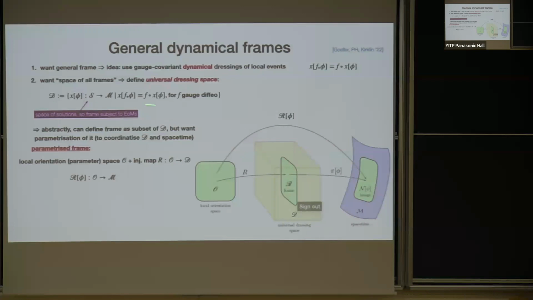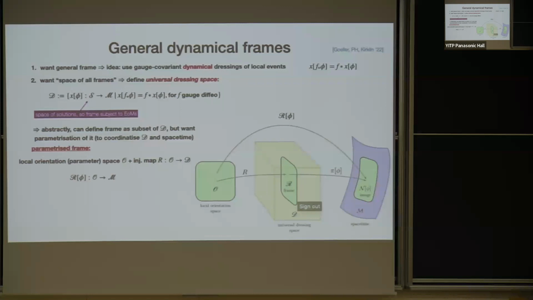It is, however, a bundle, and the bundle map, the projection, is given just by the dressing. So for any solution, points in the dressing space are associated with points in the bulk of space-time. But in order to have a coordinatization, really dynamical coordinates for space-time, we need a parameterization of this abstract object.